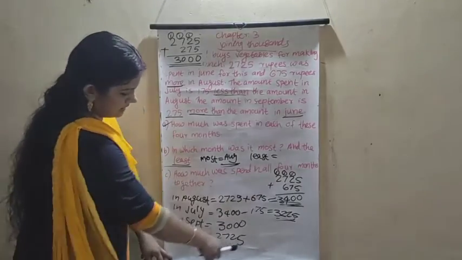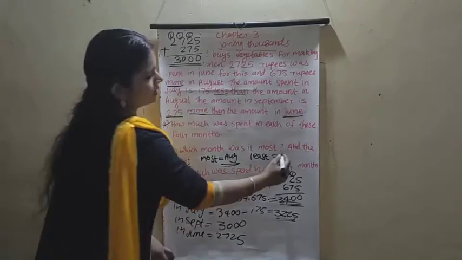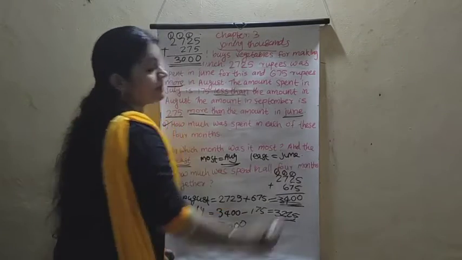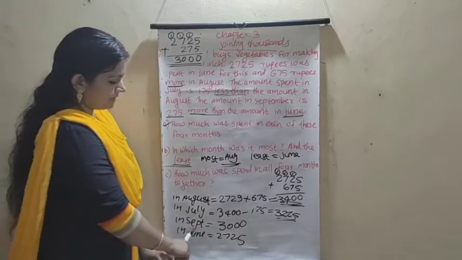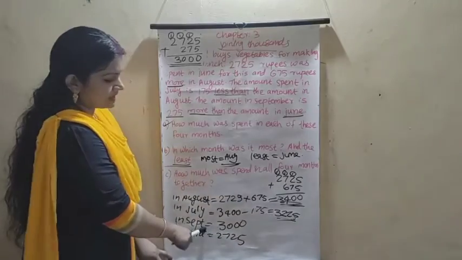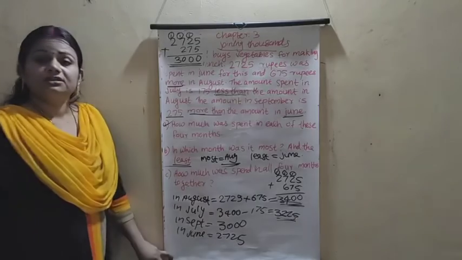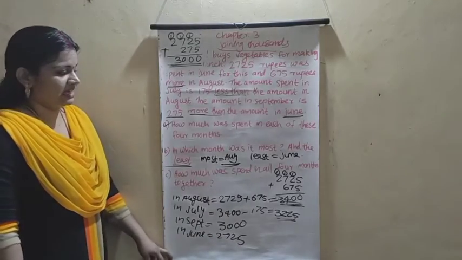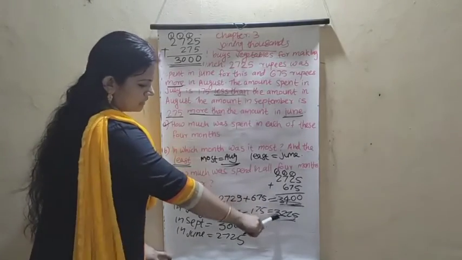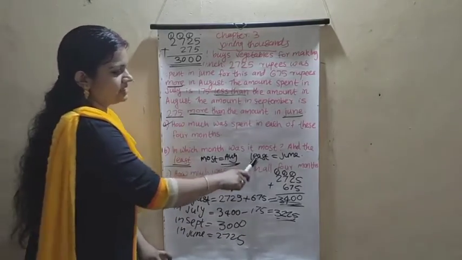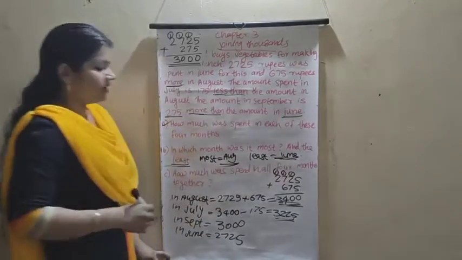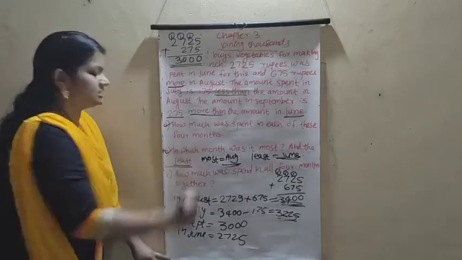Look at the amounts. June is the least amount, 2,725. The other 3 months start from the number 3,000: 3,400, 3,225, 3,000. So the most is August and the least is June. The second question is solved.